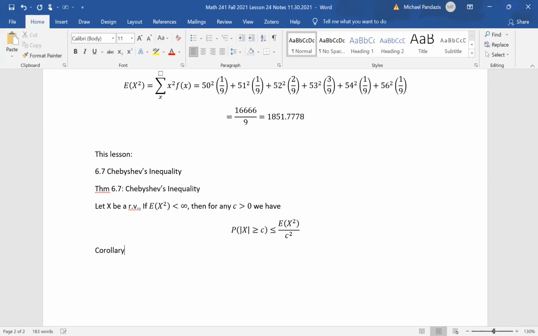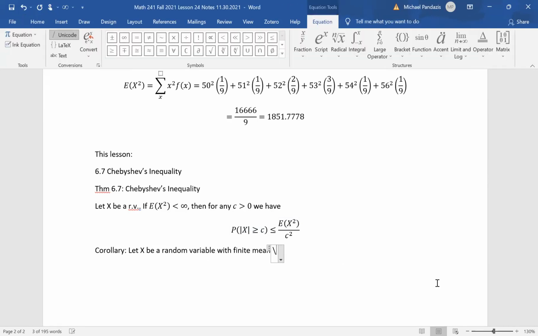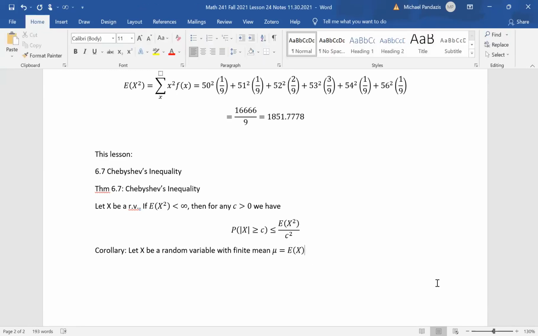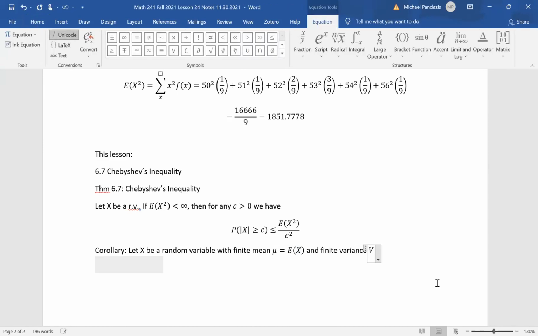As a corollary, you have that, let X be a random variable with finite mean, which we represent by mu, right? So E of X is mu, and finite variance, right? And we denote the variance of X by sigma squared.